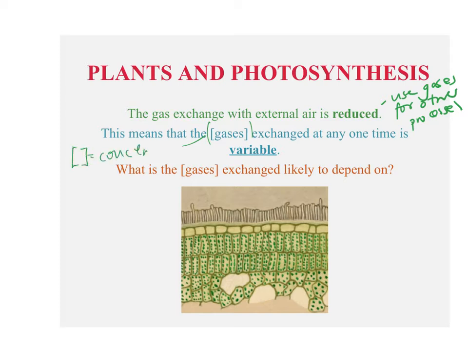So the concentration of gases exchanged at any one time is variable. It can increase or decrease. I want you to spend a couple of seconds thinking about it. What kind of things are going to affect the concentration of gases and the rate at which they're exchanged? Think about what affects the way that gases leave and enter a plant.